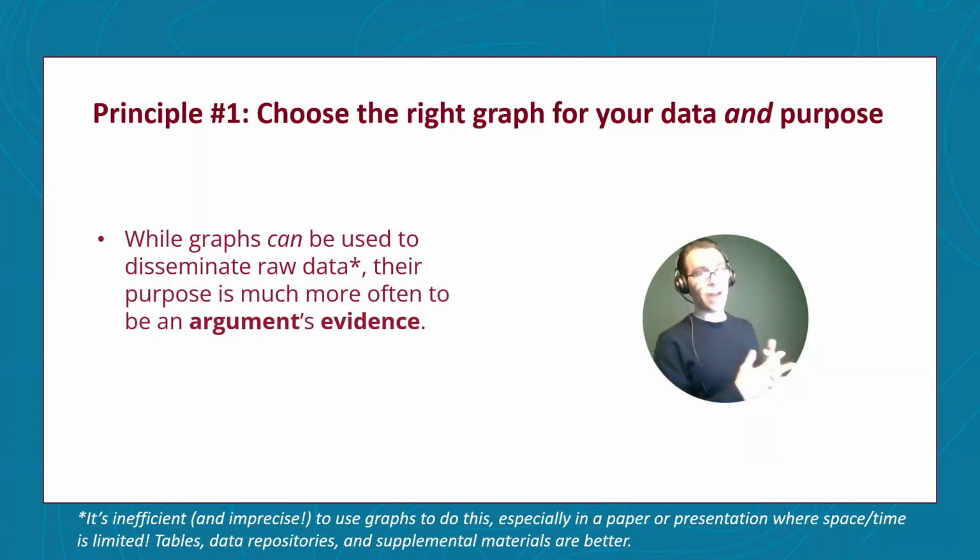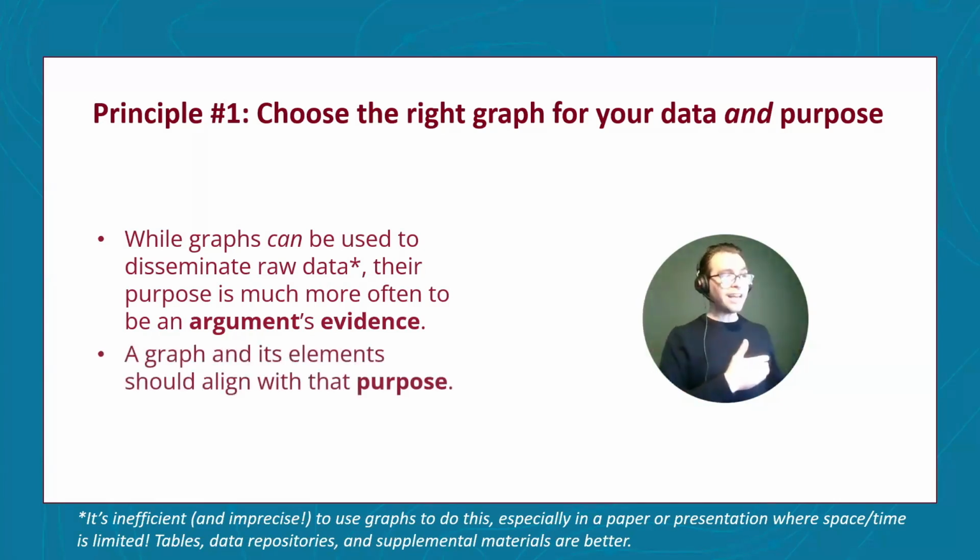Instead, most graphs should be providing evidence for an argument, such as that an experiment's results support or don't support the hypothesis. That means we're aligning the graph that we are building and its design with the purpose we hope that graph will achieve in the final product.